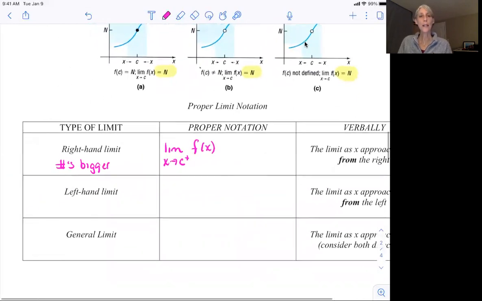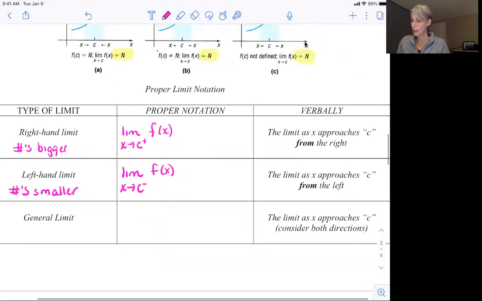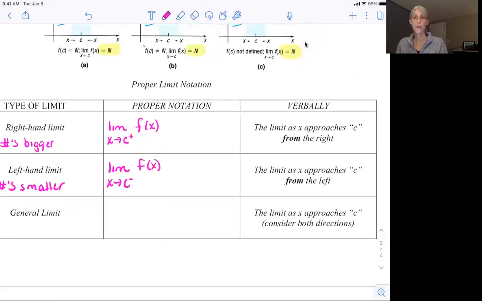If we're evaluating a left-hand limit, these are numbers that are smaller. And then you're only focusing on what's happening on the left side of the number in question. Again, verbally, the limit as x approaches c from the left.